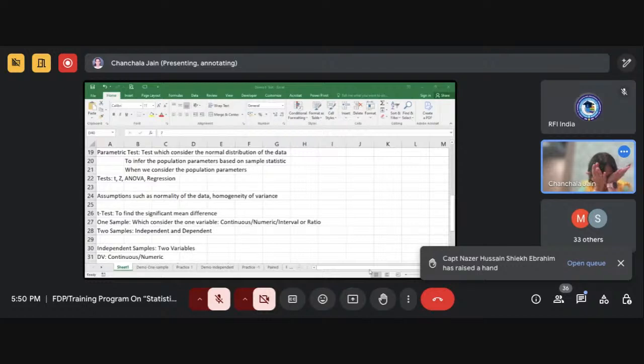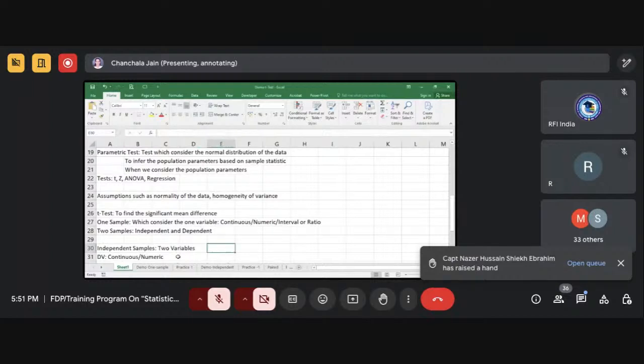Maybe in academics, in a classroom, I have an intervention. So I have two groups. One is a control group and the second is the experimental group, which is studying through the intervention. You can go forward with the independent sample test. So that will be the independent sample test. Okay. Fine. Yes, ma'am.